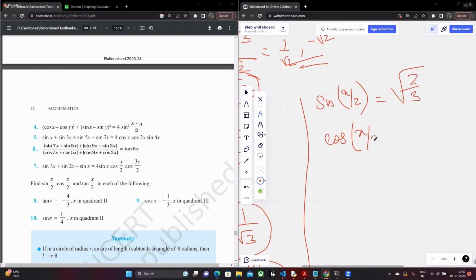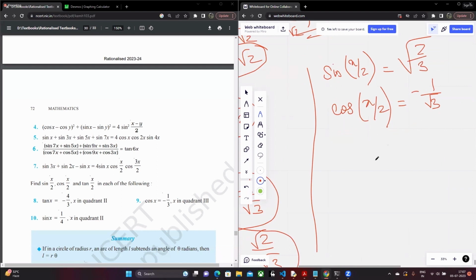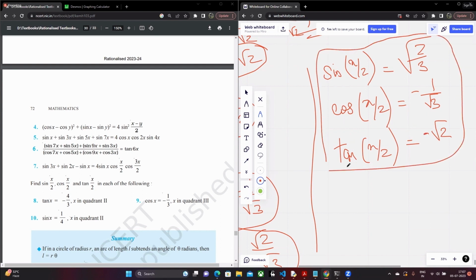Cos of x by 2 is equal to minus 1 by square root 3. And tan of x by 2 is equal to minus square root of 2. Thus, you finish question number 9.